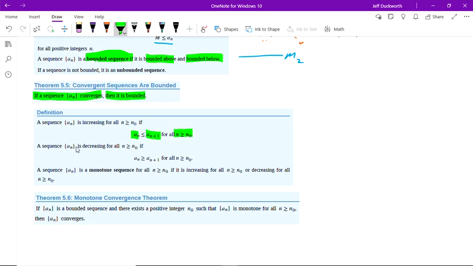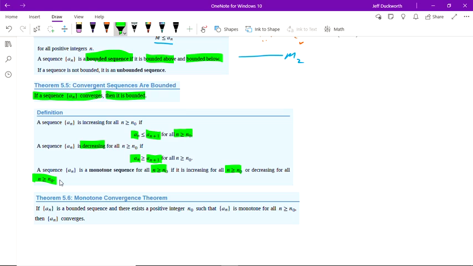Similarly, the sequence is decreasing if a_n is greater than or equal to a_(n+1), so it's going down. And a sequence is monotone for all n greater than some n_0 if it is increasing for all n greater than n_0 or decreasing. So a monotone sequence means you're always doing that. We'll do an example of these in a bit.